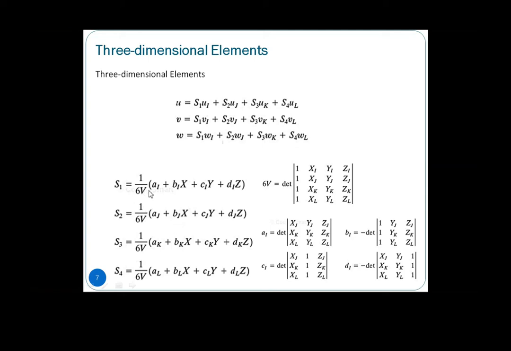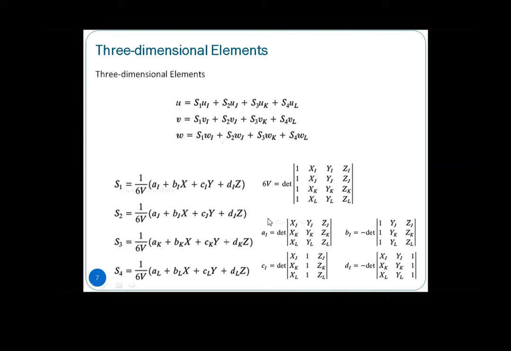The 6V you can find from the determinant of this matrix itself, which gives you the volume. At the same time, if you want to find AI, AJ, AK, AL, you take the determinant of this matrix and you will get AI.